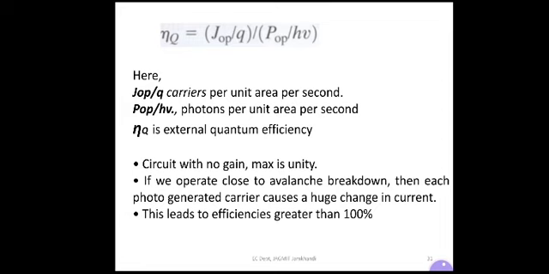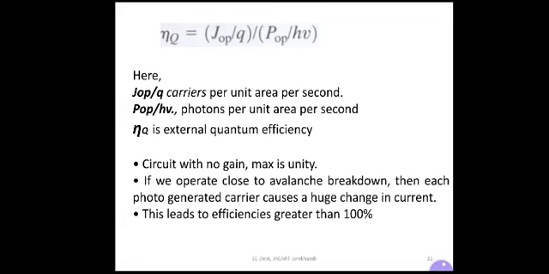For a photocurrent density, denoted as J_op, we collect J_op by q carriers per unit area per second. For an incident optical power density of P_op, the number of photons shining on the detector per unit area per second is P_op by h nu.